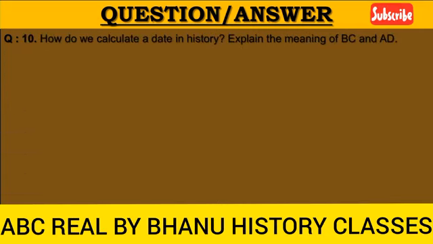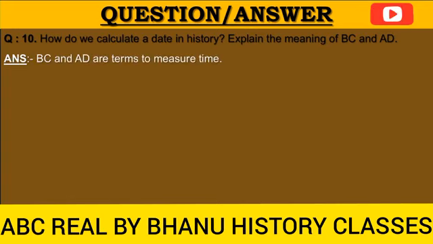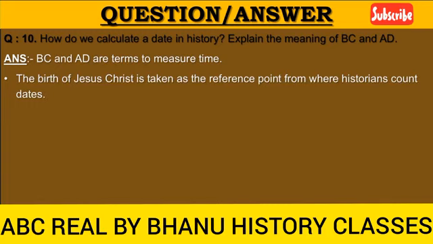Question number 10: How do we calculate a date in history? Explain the meaning of BC and AD. Answer of this question is: BC and AD are terms to measure time. The birth of Jesus Christ is taken as a reference point from where historians count dates.